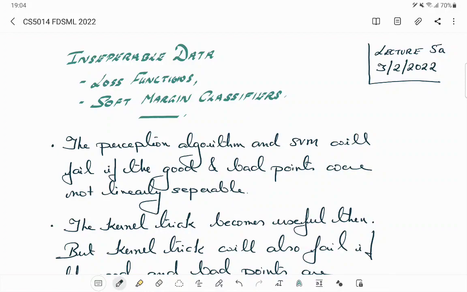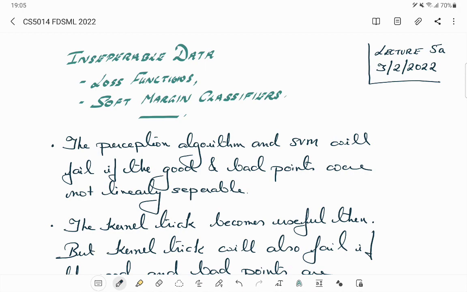Now, sometimes we work by going into a higher dimension. There is a major reason to do that, not just to get an approximate classifier. This use of the kernel trick and imagining the points to be embedded in a larger space is mainly because sometimes the separation boundary between the good and bad points is not linear.